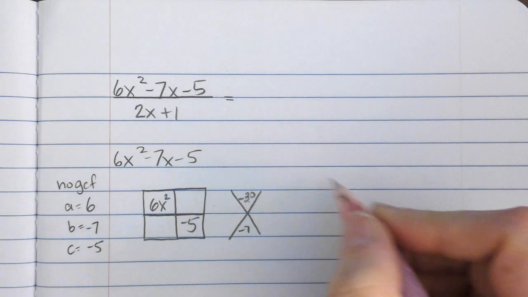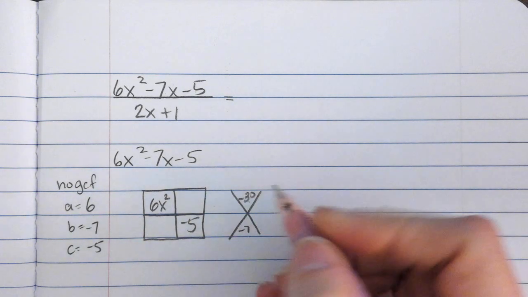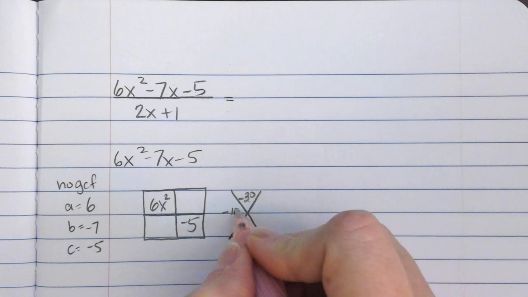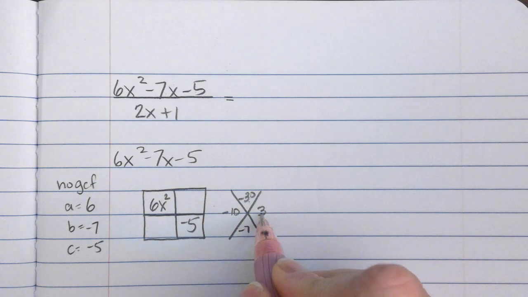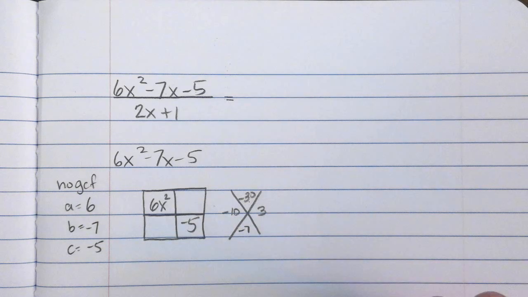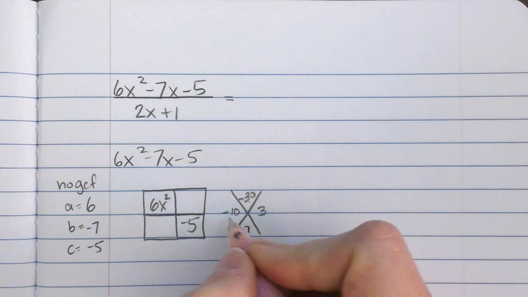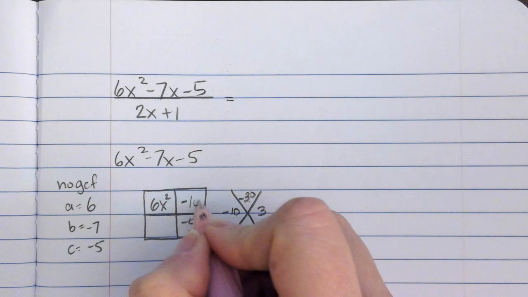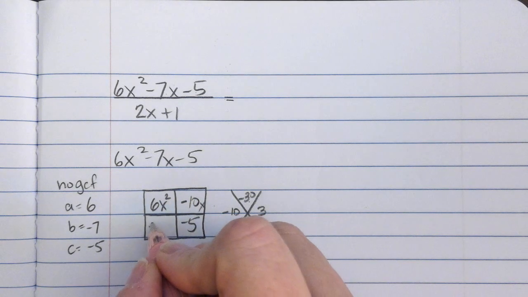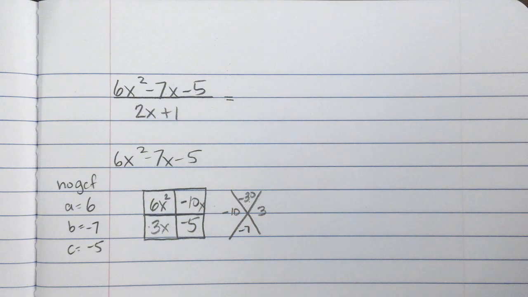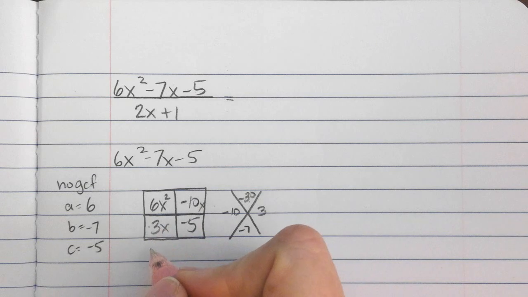Okay? So, if I make a table, I can see right now that that's negative 10 times 3, because negative 10 times 3 is negative 30, and negative 10 plus 3 is negative 7. So I'm going to put a negative 10x and a 3x. Again, we're just factoring. And then I take out my GCF.